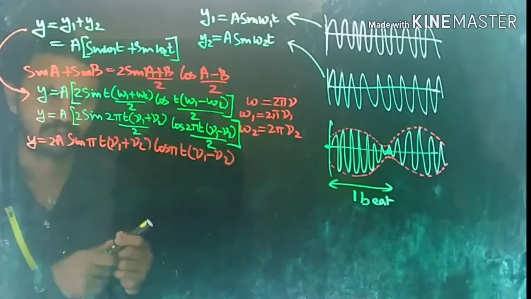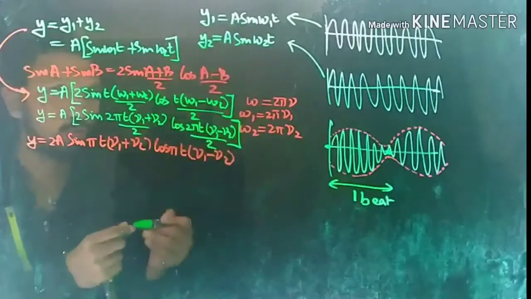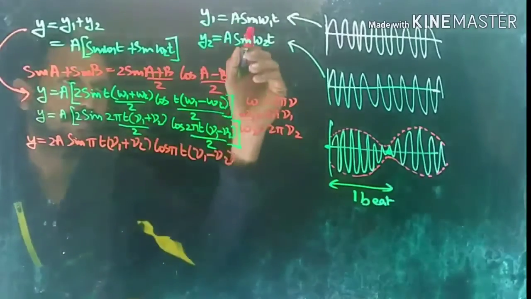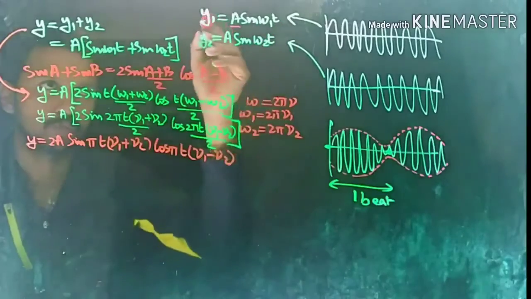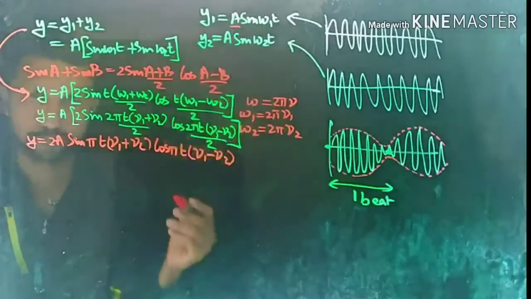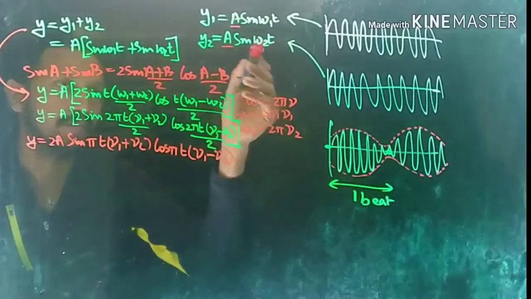Then, on comparing the amplitude of the first wave, it is the remaining term after the sine function. Therefore, the first wave's amplitude is a. The second wave's amplitude is also a itself, the term remaining after the sine function.